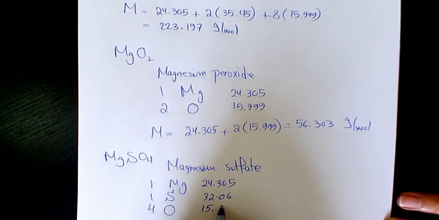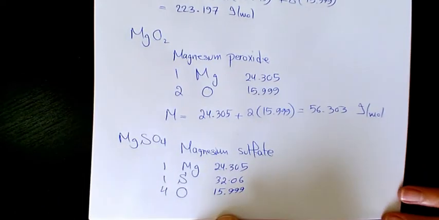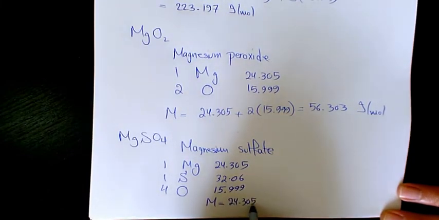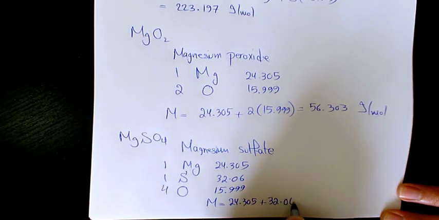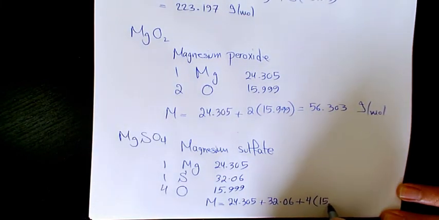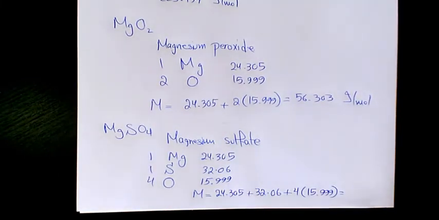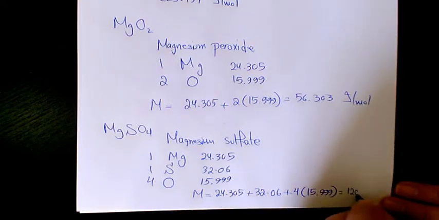Oxygen is 15.999. So M will be 24.305 plus 32.06 plus 4 times 15.999. So you add them, 24.305 plus 32.06. It's going to be 120.361 grams per mole.